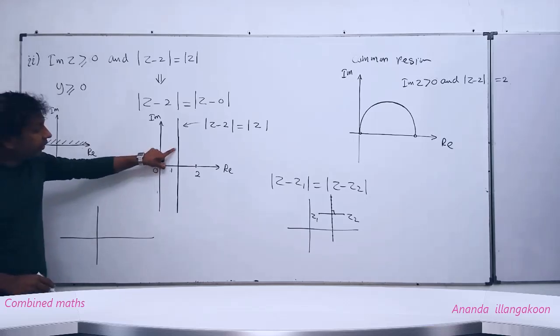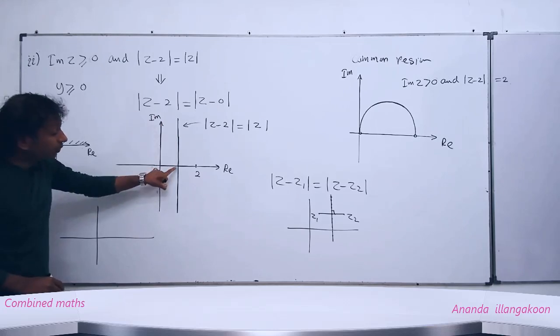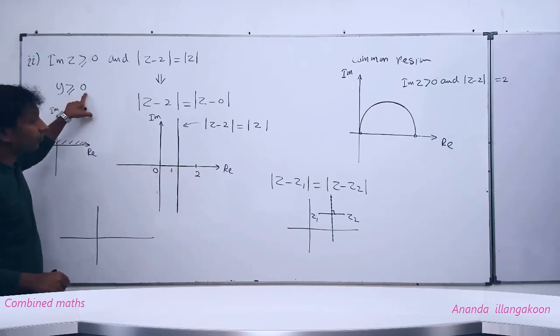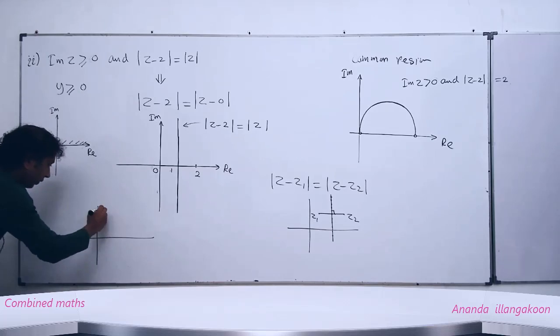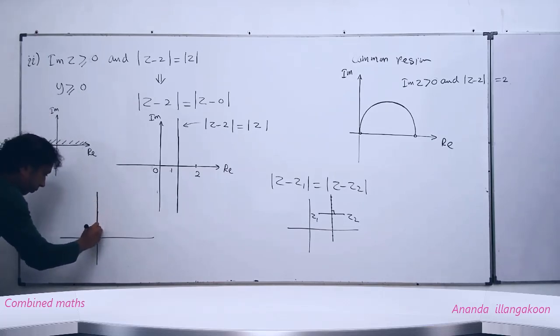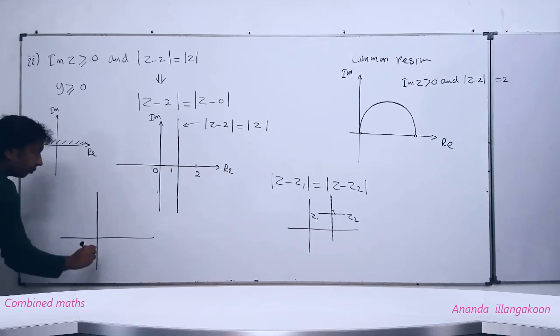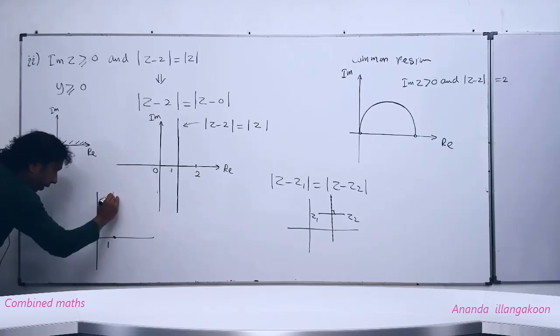On this line, but above the real axis, and including this point, because at that point the y coordinate is 0. Understand? So this is the required path. Here it's 1. Including 1, the path is this.